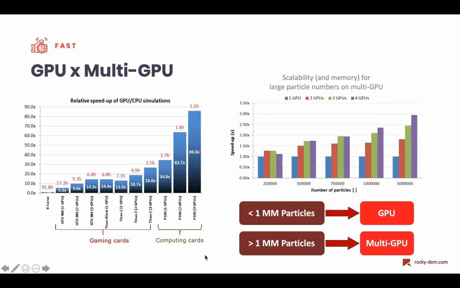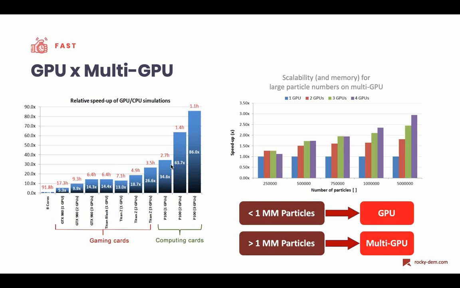We not only take advantage of single GPU processing, as I was saying, we use multi GPUs, and sometimes it's really a breakthrough in terms of performance and achievement. You can see here on the left side a plot that shows the relative speed up of several single GPUs and multi GPUs compared to a standard 8-core machine.